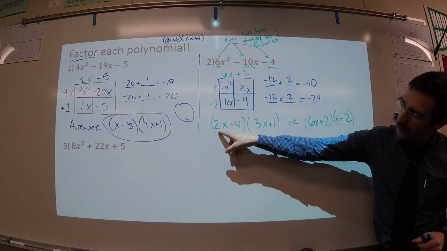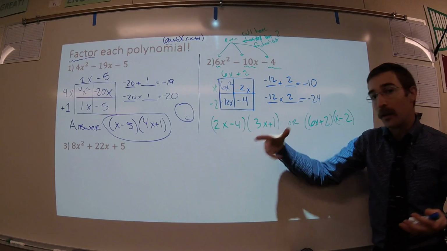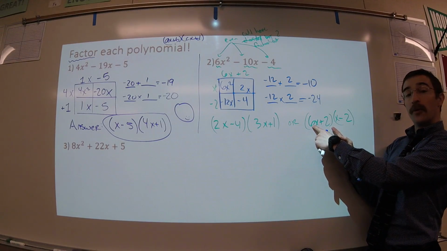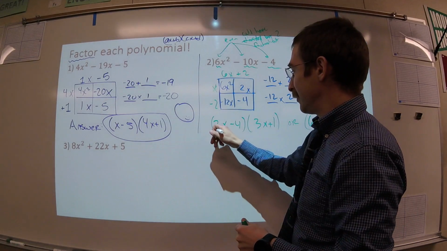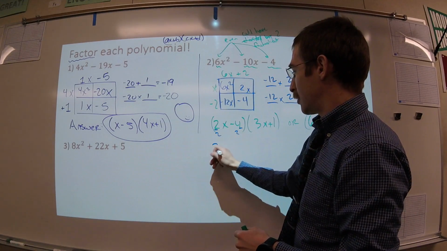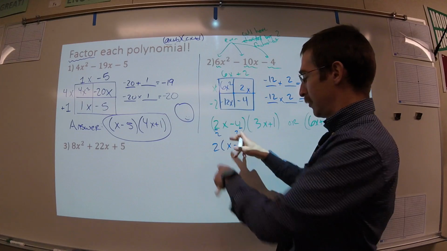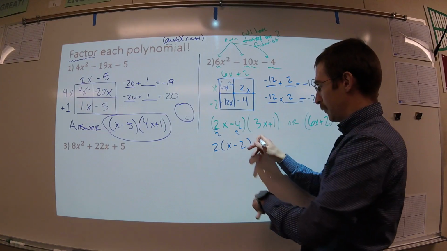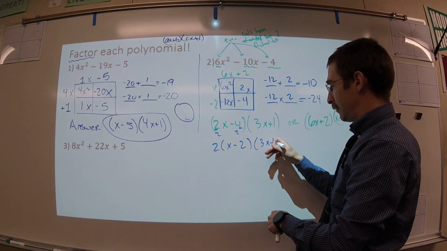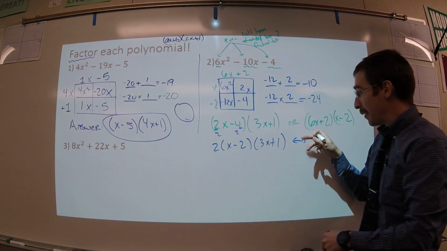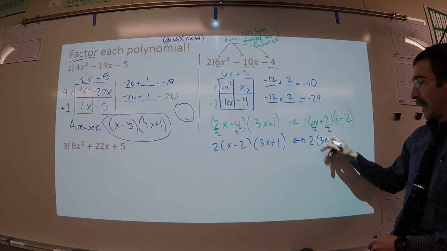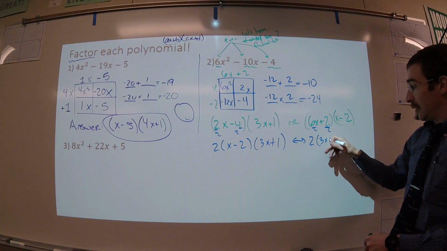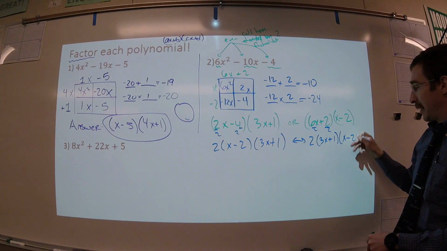Notice the 2 and the 4 are both divisible by 2. The 6 and the 2 are both divisible by 2. So we can factor a 2 out of that. It's a little complicated, but divide out 2. So 2 times x minus 2, divide out that 2, times 3x plus 1 is the same as if I divided 2 out of here: 2 times 3x, because 6 divided by 2 is 3, plus 1, and then times x minus 2.